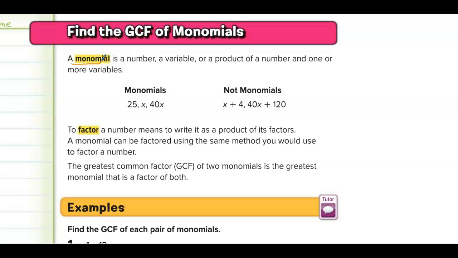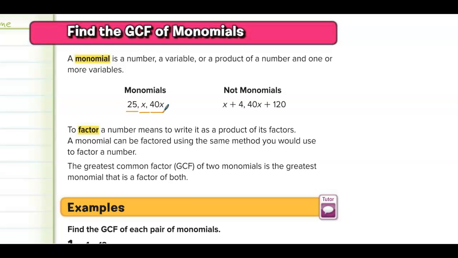Adding and subtracting. Remember when we had something like 2x plus 3 plus 2y, that's 3 terms because it's separated by addition. Looking at 25, how many terms is that? 1, therefore it's a monomial. How many terms is x? 1. How many terms is 40x? 1. Okay, so those are all monomials.